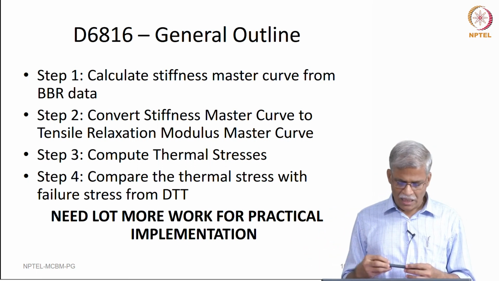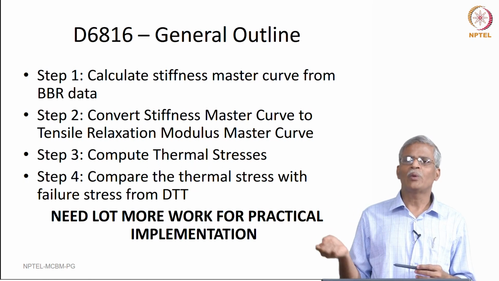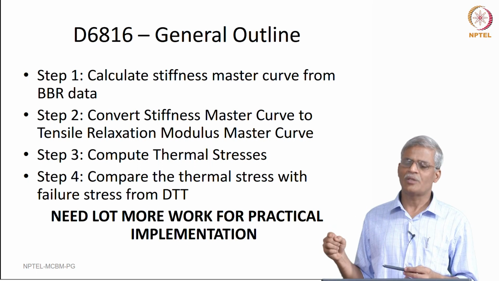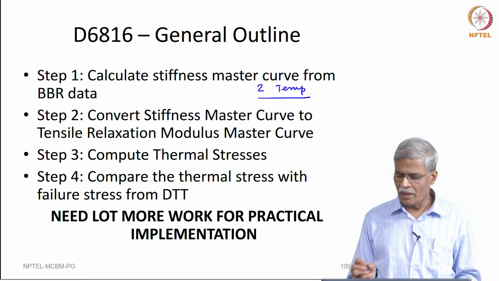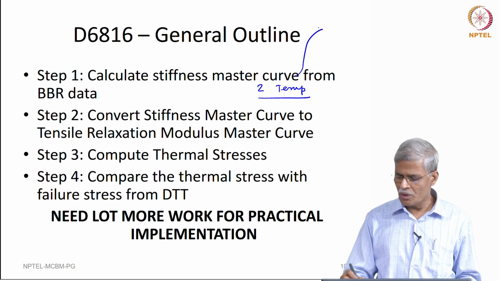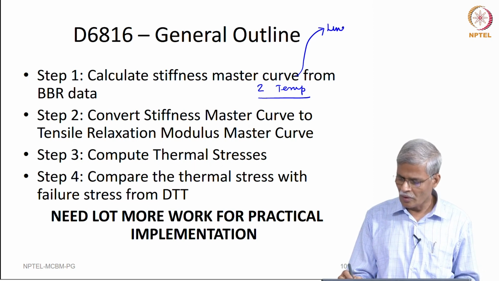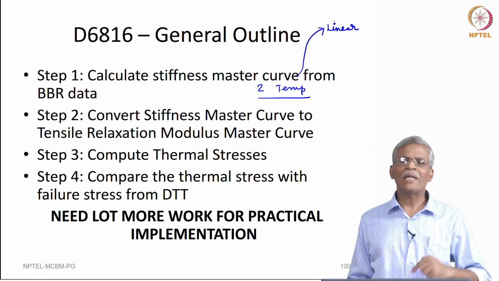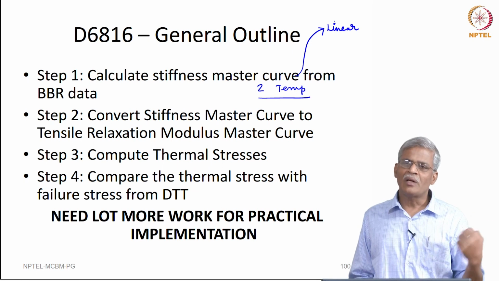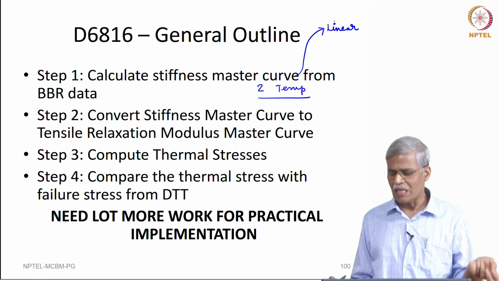Now, then what we do is we invert the compliance to get the stiffness, and we compute the stiffness master curve, and for that we typically do it at two temperatures. Okay. And now when we do this, we have to ensure that we are in the linear regime. Okay. Only then you can even define material properties such as compliance.